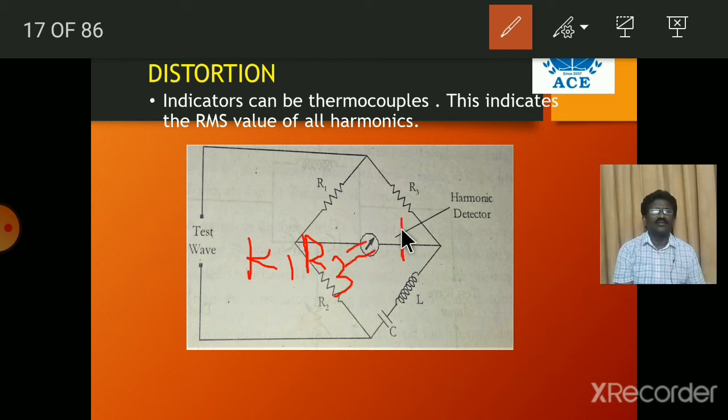This is the bridge balancing condition. By changing the values of R1, R3 and R2, R4, you can balance the bridge condition.